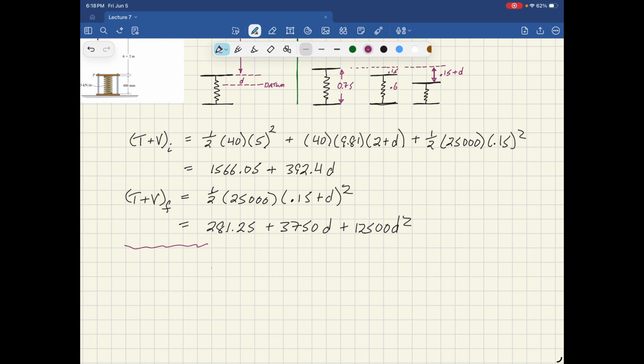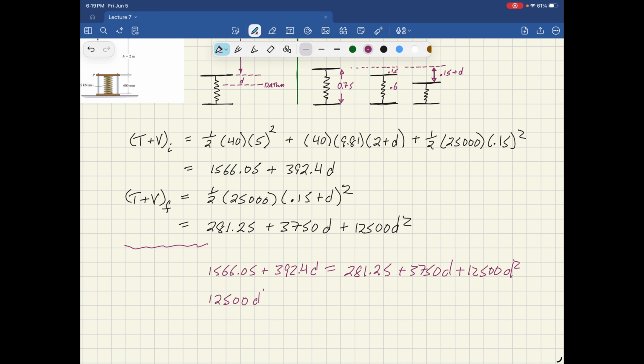It's going to be 1566.05 plus 392.4 D, and this is going to equal 281.25 plus 3750 D plus 12500 D squared.